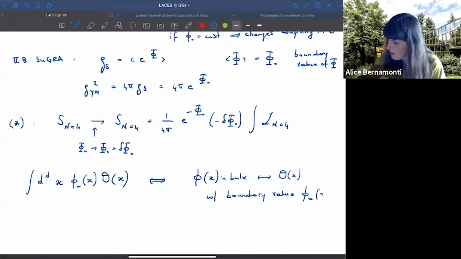So we can think of the boundary value of the bulk field, which corresponds to the local operator O, as a source for the local operator itself.